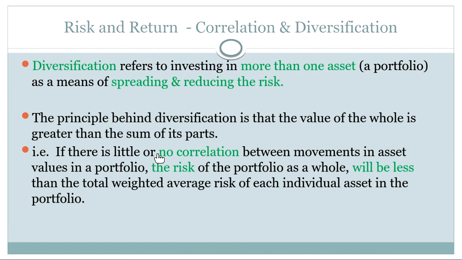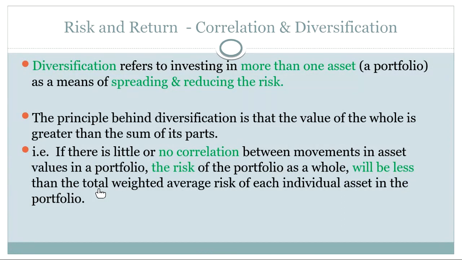If I want to be diversified as an investor, I am looking for very little correlation in the asset values in my portfolio, because then the risk of the portfolio as a whole will be less than the total weighted average risk of each individual asset in the portfolio.